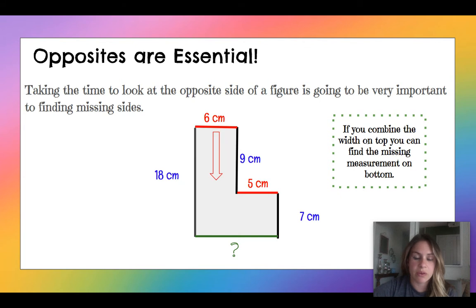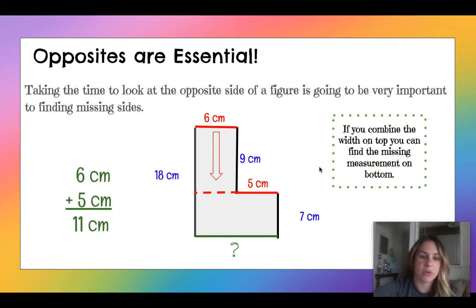If you can imagine moving that top piece down and making it even with that other one, we can see that that would be parallel to and equivalent to the length of that bottom piece. So if you added that 6 centimeters plus that 5 centimeters, you would find that it is 11 centimeters.